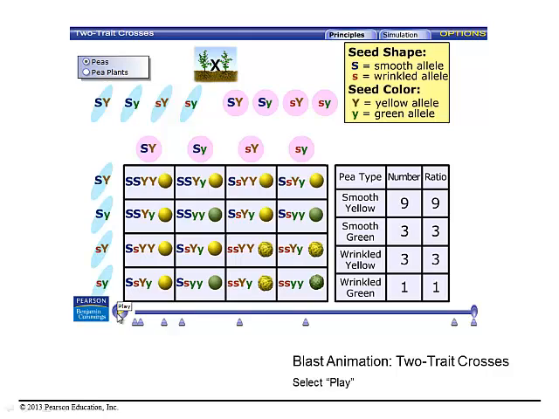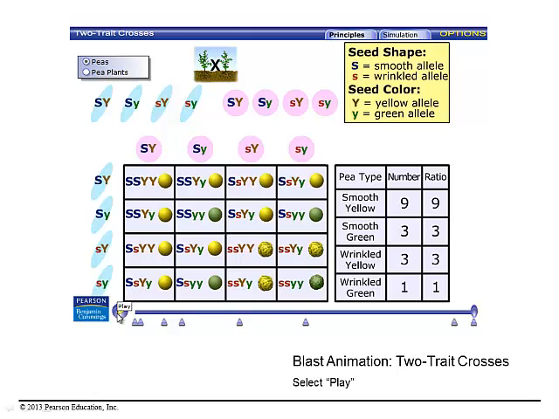So what's the first gamete going to look like? Big S, big Y. Yep. That's 1. Keep the big S. Use the second Y. Big S, little y. That's 2.